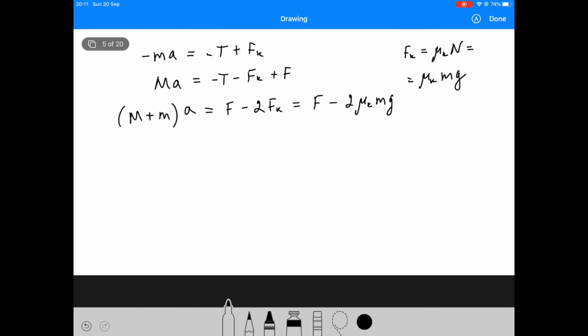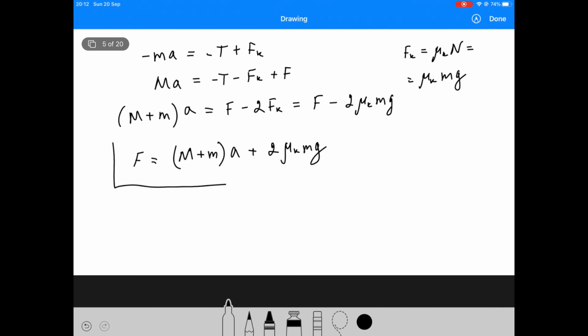Okay, then the final equation for our force will be F equal to the sum of two masses times acceleration plus 2 mu k mg.